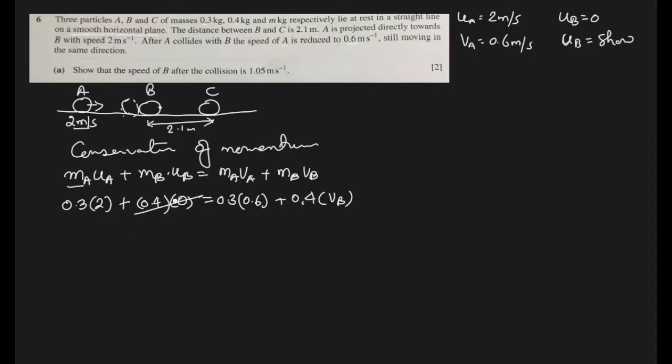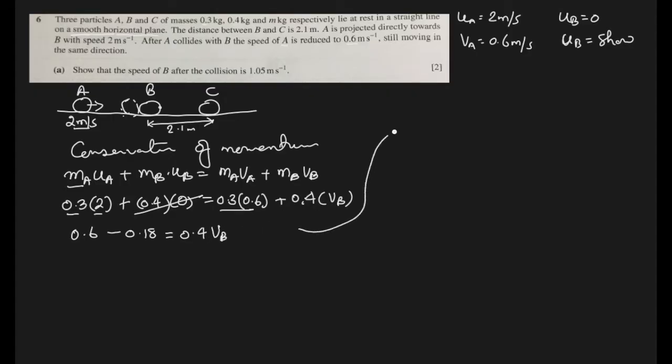Everything is known to us. This is 0, so it is gone. 0.3 times 2 is 0.6, minus, this will go to the left and become minus 0.18, 0.3 times 0.6, equal to 0.4 VB.